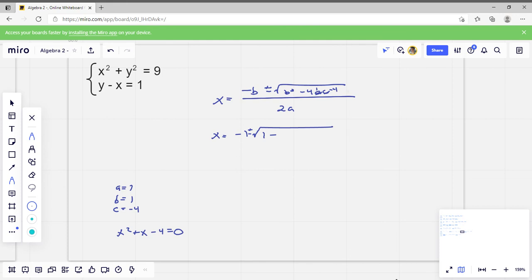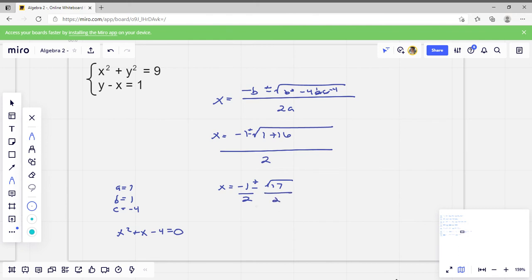Negative 4 times negative 4 will be positive 16, over 2 times a. A is 1, so that's just 2 over 2. So then I have 1 plus 16. I would have x equals negative 1 plus or minus the square root of 17 over 2.